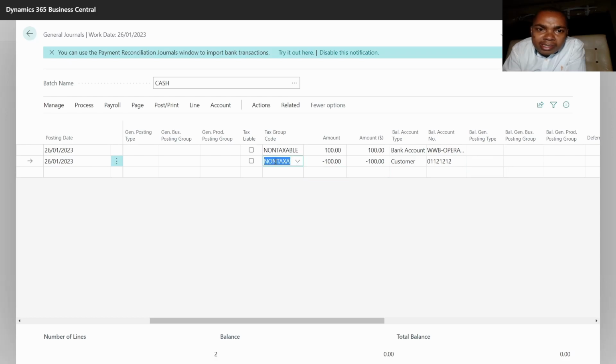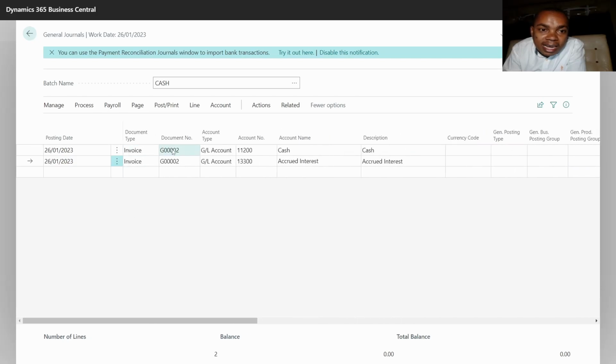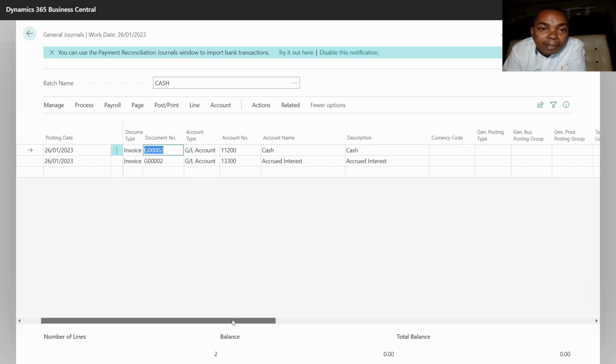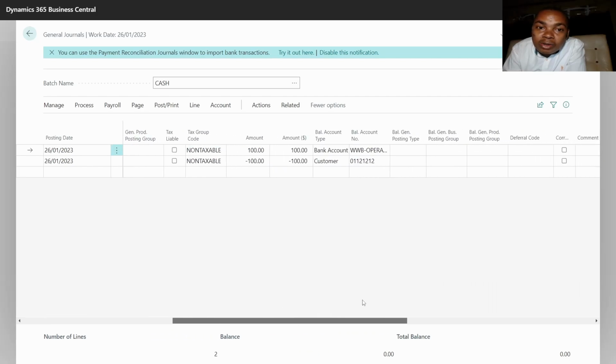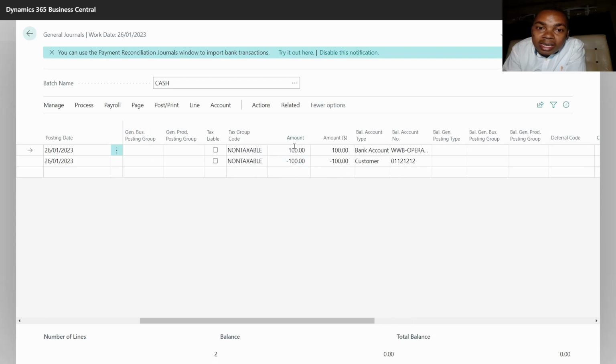So this means the first line is balancing, it has a debit and a credit. The first account is going to be debited or credited based on the amount. As you can see, in our case the amount is a debit, so it means we are going to debit this account and credit our balancing account.